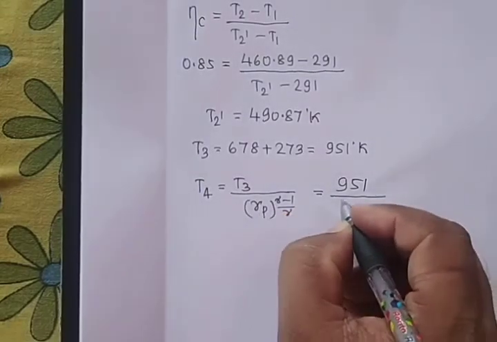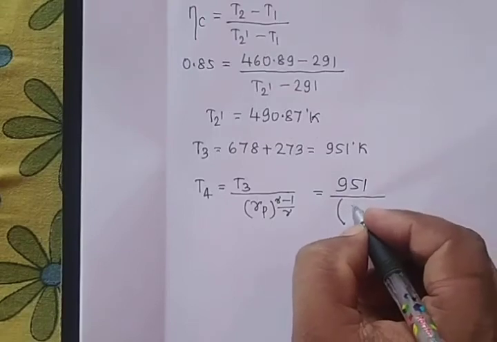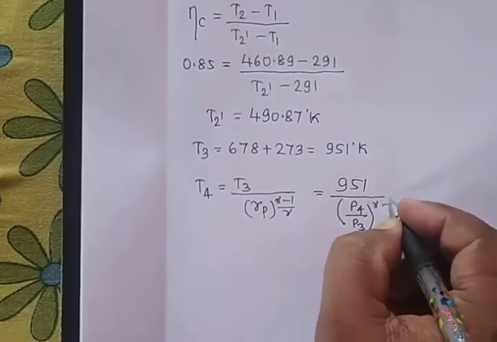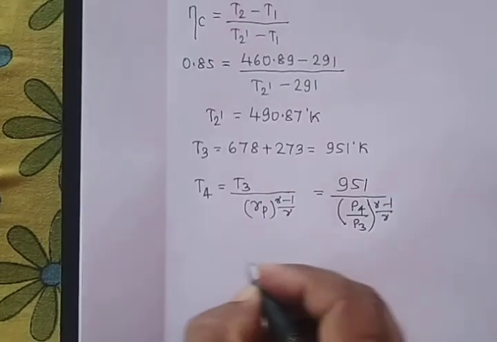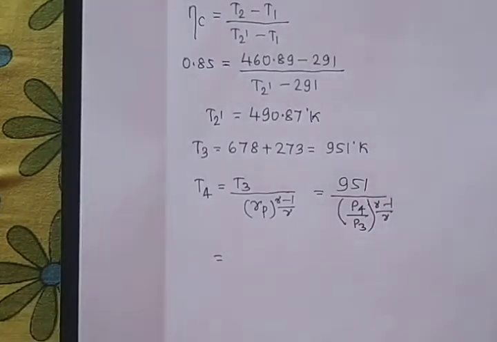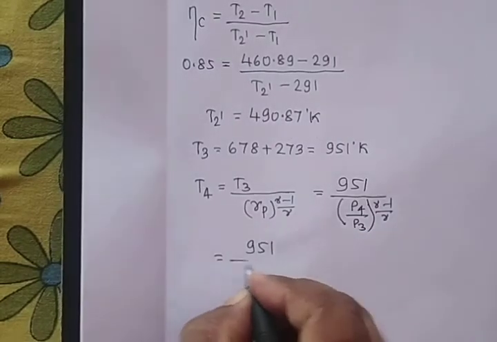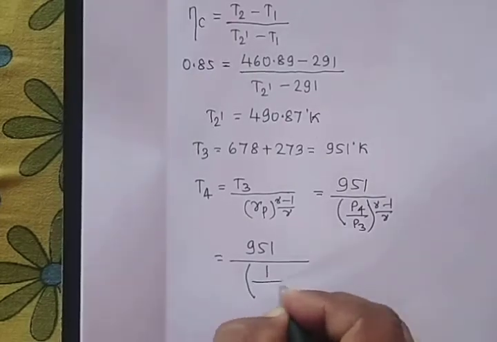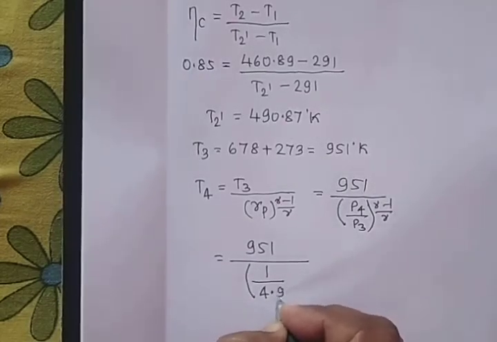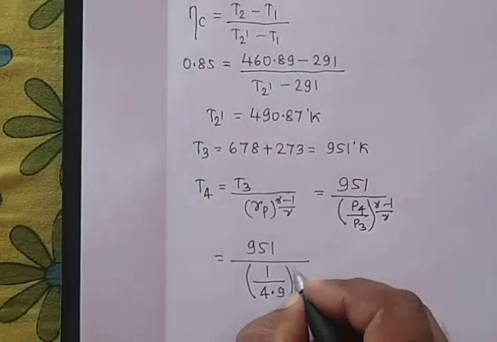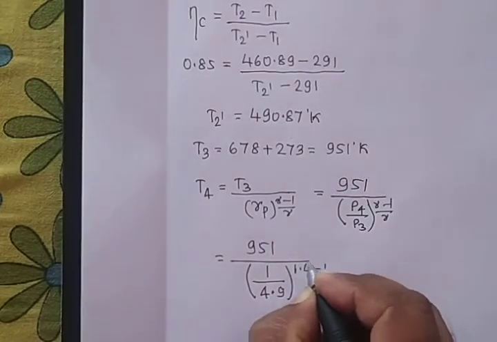So instead of Rp, I will write this as P4 by P3 whole raised to gamma minus 1 by gamma. That is, P4 is same as P1. So 951 divided by P4 is 1 divided by pressure P3 is 4.9, raised to 1.4 minus 1 divided by 1.4.